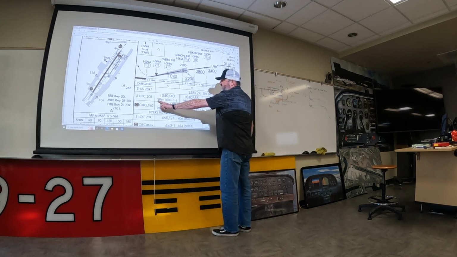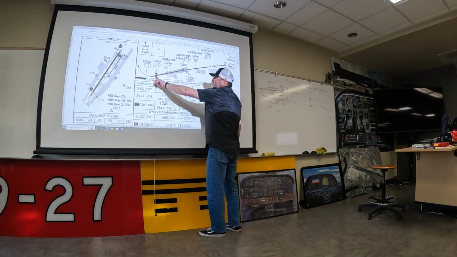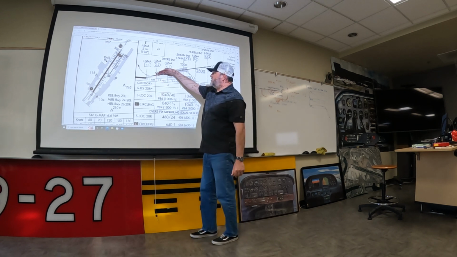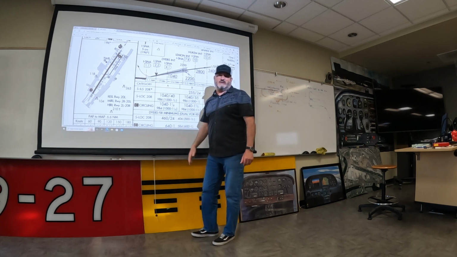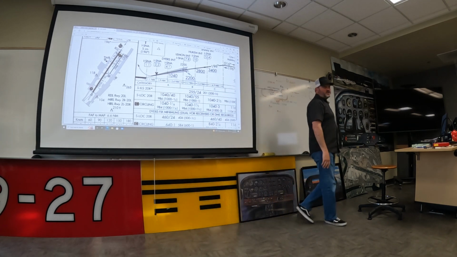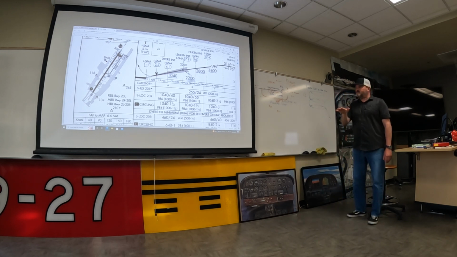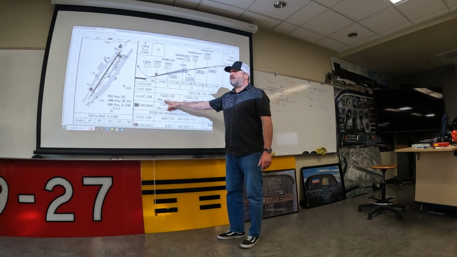MDH, MDA, MDH, DA, DH. That's a position where if you're at 1,040 feet, you can continue a normal descent to land for the localizer. The VDP is utilized for localizer course only. So you arrive at MDA, you're 986 feet above the ground, right?